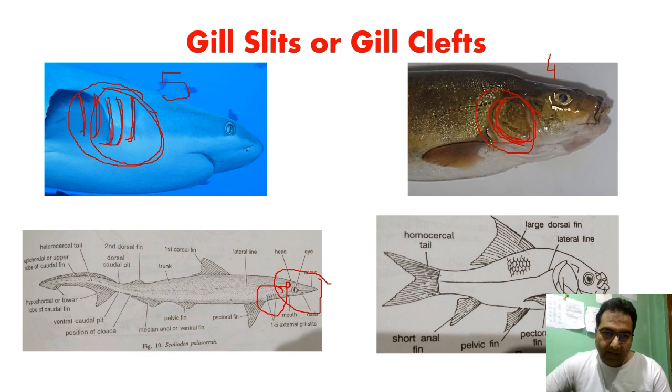It is a pore just behind the eye, which is called the spiracle. But in bony fishes, only the opercular bone is present externally, and no spiracle is present.